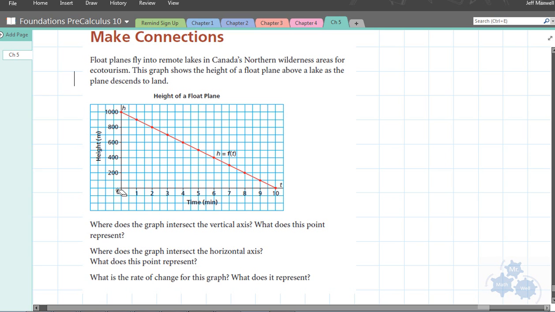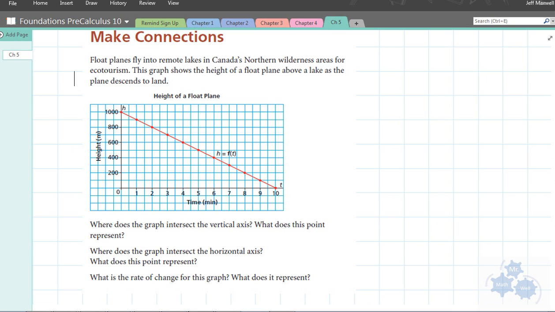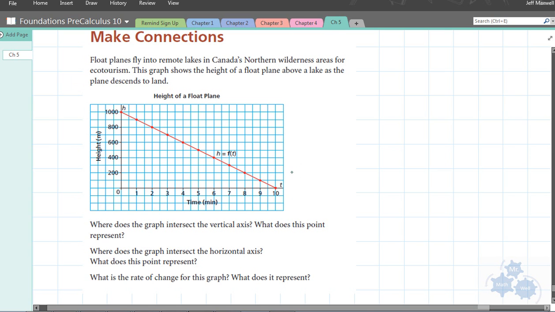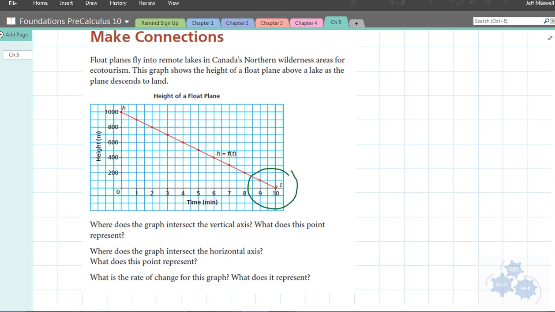Okay? Very good. Okay, what about this point right here, where it intercepts the horizontal axis? What can you say about that point? And don't just say it's 10 minutes, because I can see that, but what about the context of the question? What's happening at 10 minutes? Yeah?